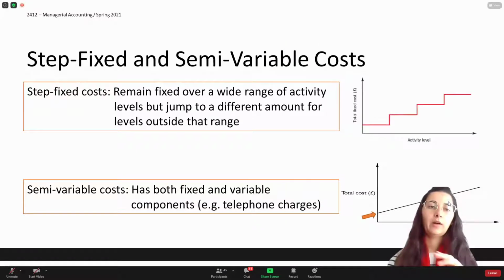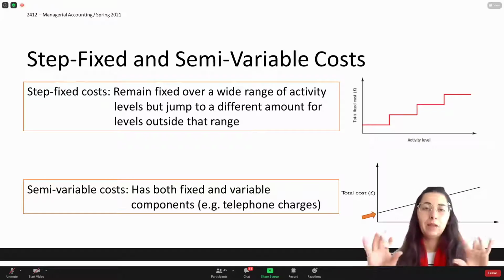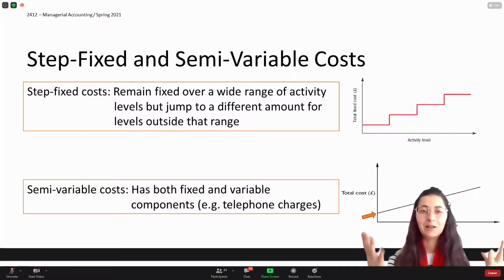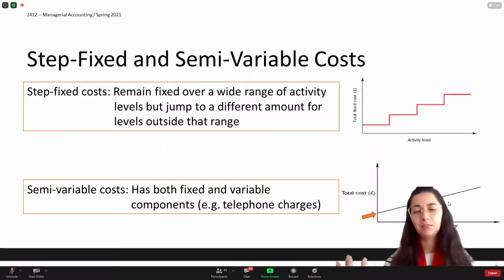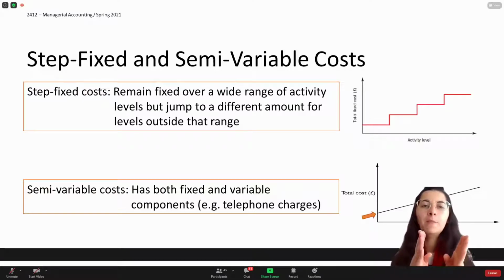No? So we have fixed costs and we have variable costs. And obviously, often things are not that black and white, as we talked about last week. So we have what we call step fixed and semi-variable costs. Step fixed costs are those costs that remain fixed over a range of activity. Let's for instance look at machines.